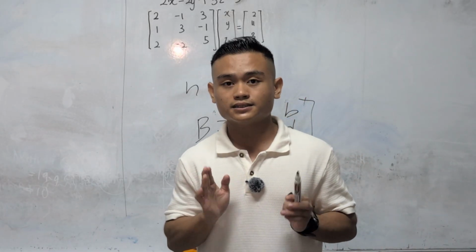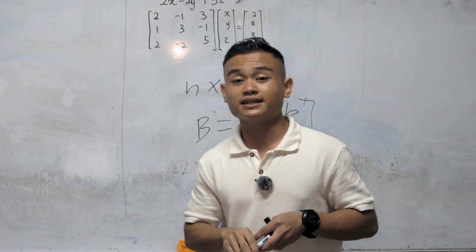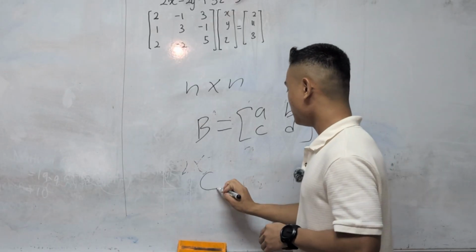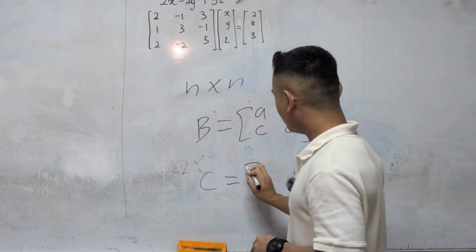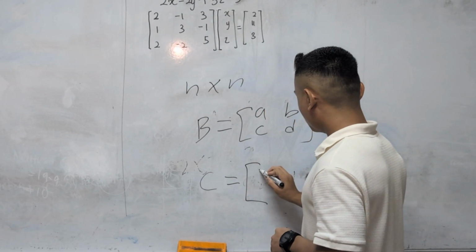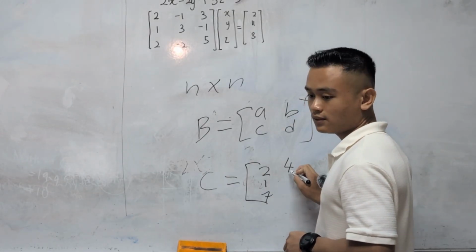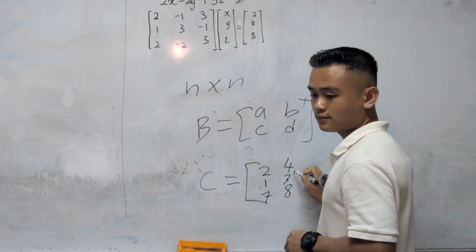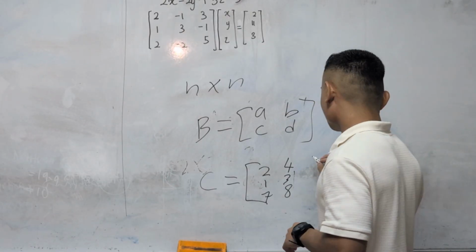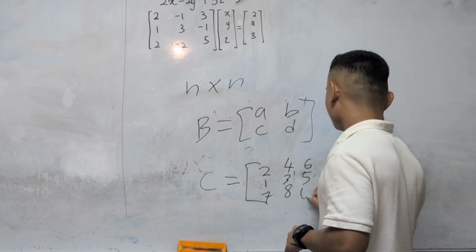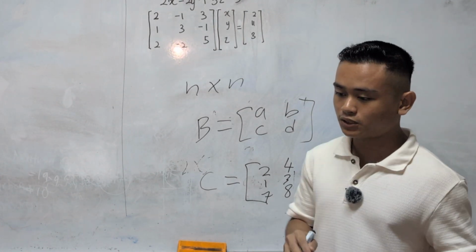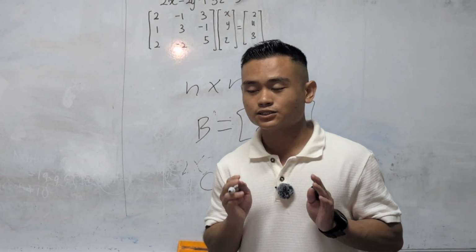Similarly, a 3x3 square matrix is written as C equal to, in brackets, 2, 1, 7, 4, 3, 8, 6, 5, 0. So this is a 3x3 square matrix.